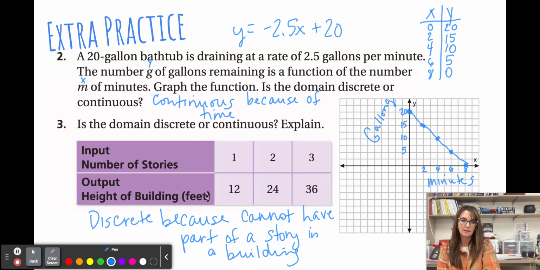Okay, you can't have half of a floor, right? It doesn't make sense. All right, so I'm getting ready to clear, so go ahead and write this down if you need to write this down.